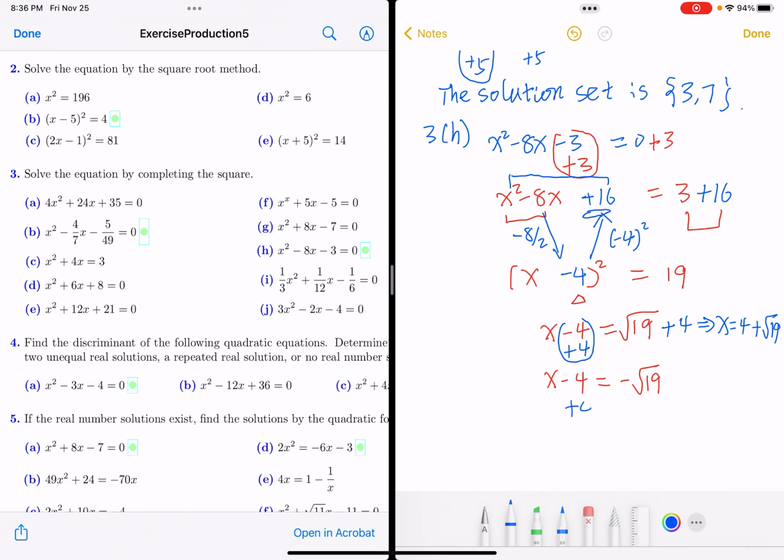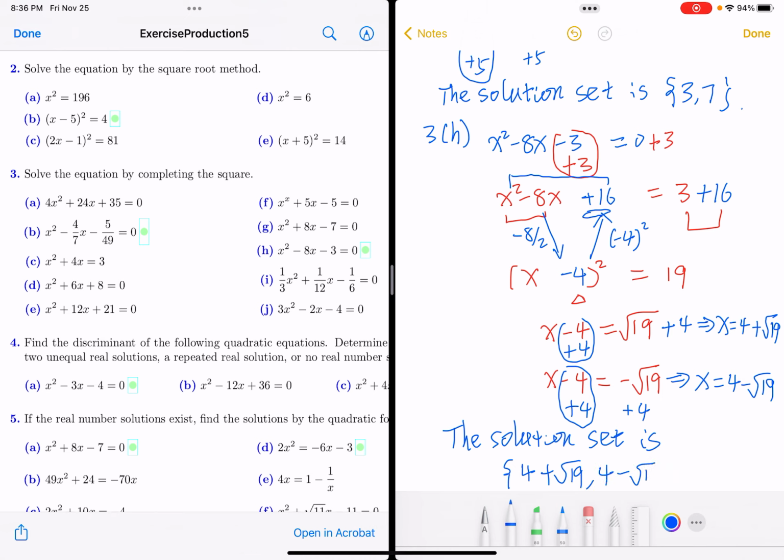Here we do plus 4 on both sides, cancel these two, then we shall have x equals 4 minus radical 19. So the solution set in this case is 4 plus radical 19 and 4 minus radical 19.